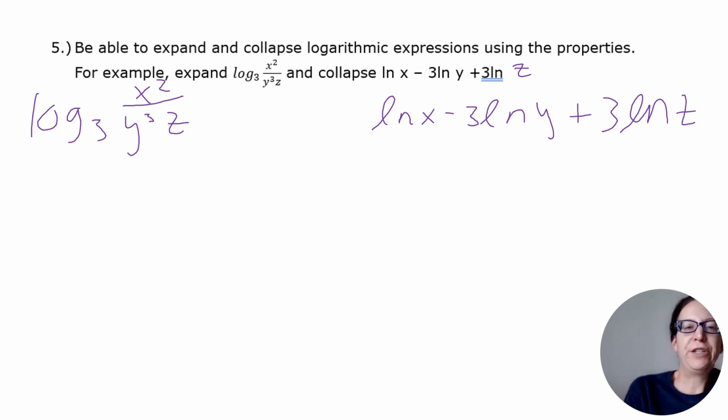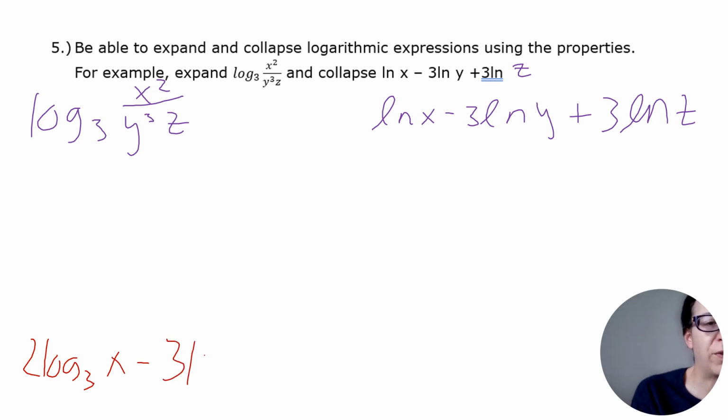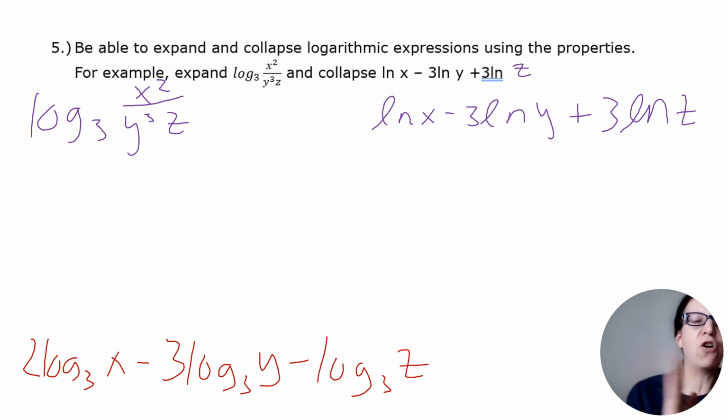Okay, totally doable in one step. So what you should have gotten for this first one is 2 log base 3 of x minus 3 log base 3 of y minus log base 3 of z. And I know that z is subtracted and not added because it is in the denominator.